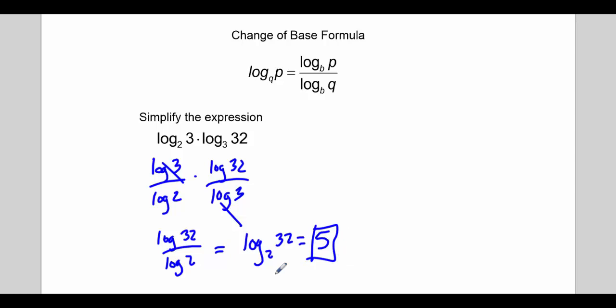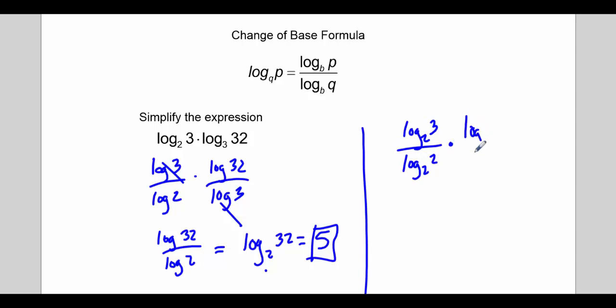Now, again, we can pick the log of any base we want. So if I did the following, for instance, let's say I choose this time to use a different log base. I'm going to go the log base 2 of 3 over the log base 2 of 2 times the log base 2 of 32 over the log base 2 of 3.